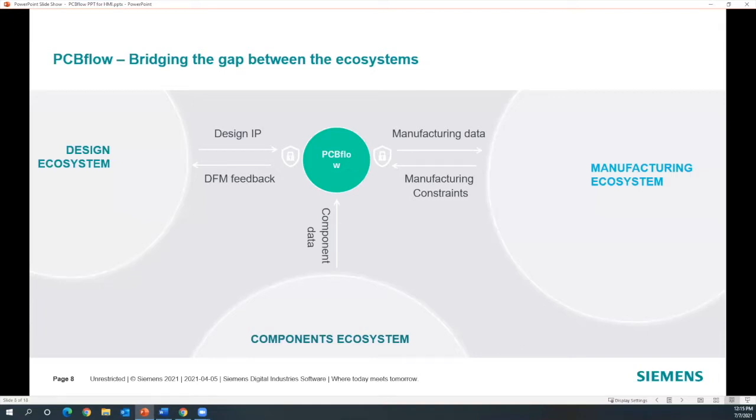As a designer, I cannot see the manufacturing constraints, but I can see that a regional manufacturer, let's say from the Denver area, has published a constraint set and is willing for me to subject my design to it. I will upload my design to PCB Flow. Nobody can see it. It's in a secure area that only I have access to. I can now run it against those manufacturing constraints and get a report.